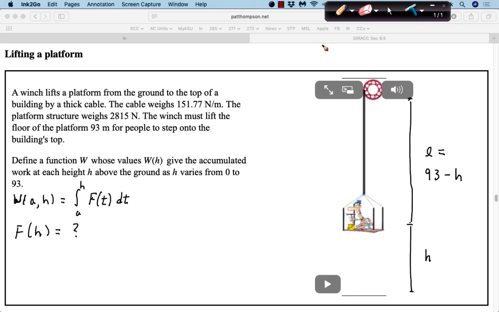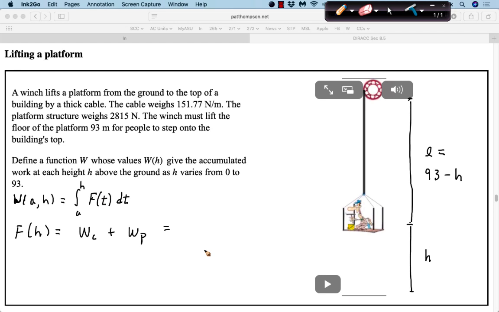So really the general structure is the total force on the winch. How are we going to calculate that? Good. That's going to be weight of the cable plus weight of the platform. And so we got the length of the cable is 93 minus h.